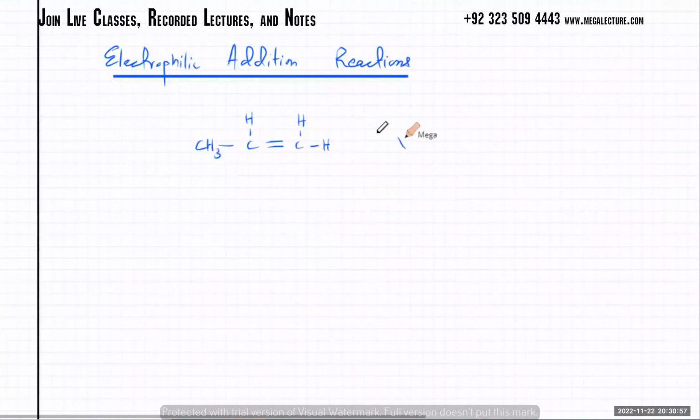Let's call that electrophile XY. So that electrophile will not get attracted to any other part. This electrophile will get attracted to this double bond, and they'll just get added to it.